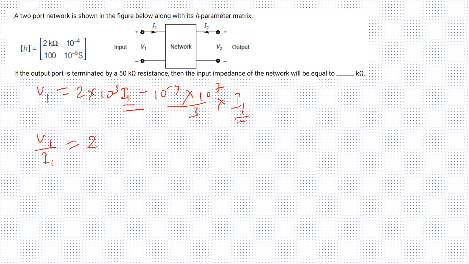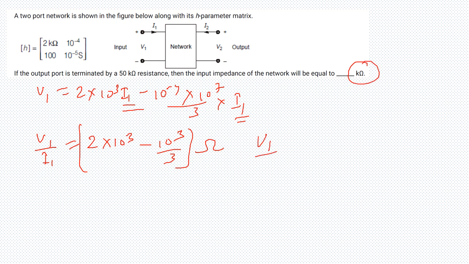It is 2 into 10 power 3 minus 10 power 3 by 3. This will come out in terms of ohms, but we need the answer in kilo ohms, so we divide by 10 power 3.